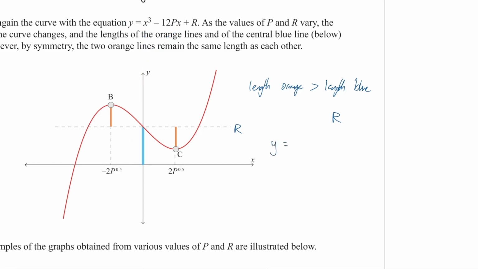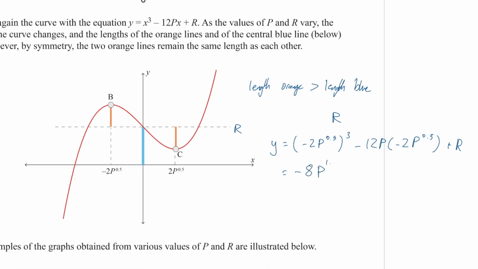So y equals x, where x is negative 2 times p to the 0.5 cubed, minus 12 times p times x, where x is negative 2 times p to the 0.5, plus r. And let's simplify that. So negative 2 cubed, what's that? 8? No, negative 2 times negative 2 is positive 4 times negative 2, negative 8.